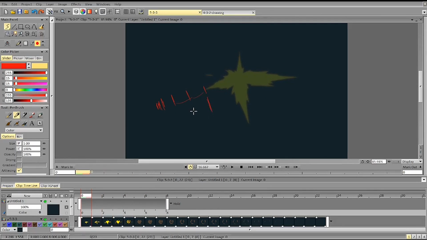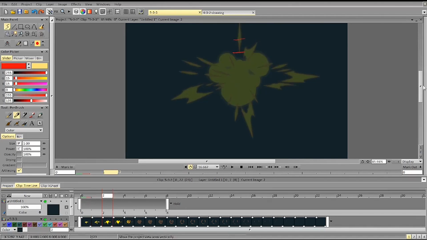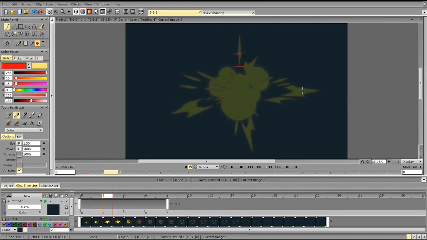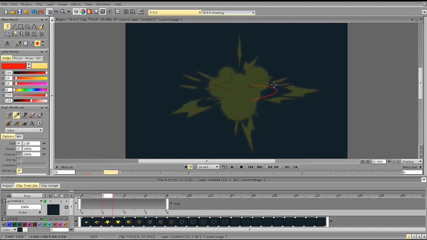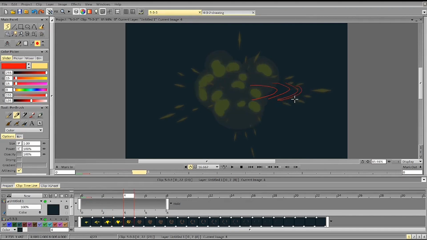So you can exaggerate it on the first frame and go like this. And you can exaggerate it for the ends as well. So you can exaggerate it for the holes as well. Because the holes are also very important.